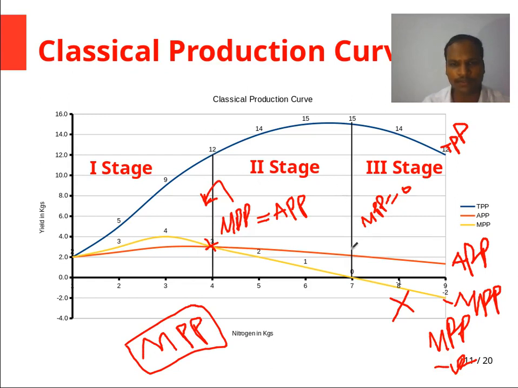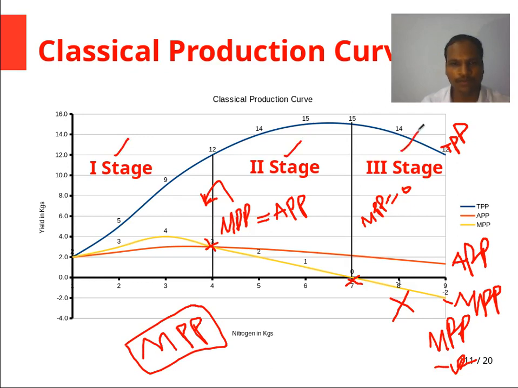When MPP is equal to 0, it is known as the end of the second stage or starting of the third stage. So two lines were drawn where MPP equals APP and MPP equals 0, and the stages were mentioned as first stage, second stage and third stage.